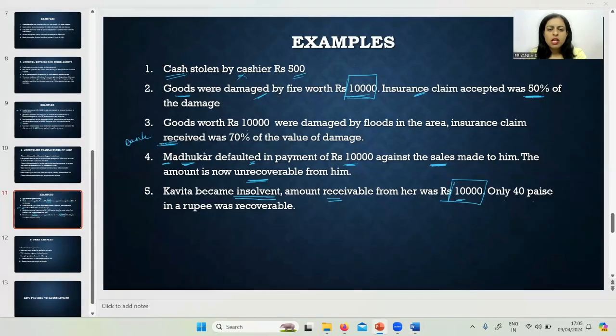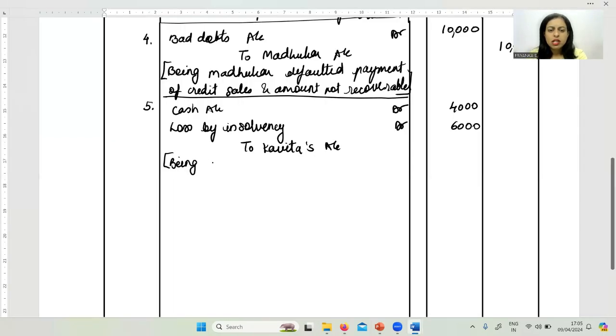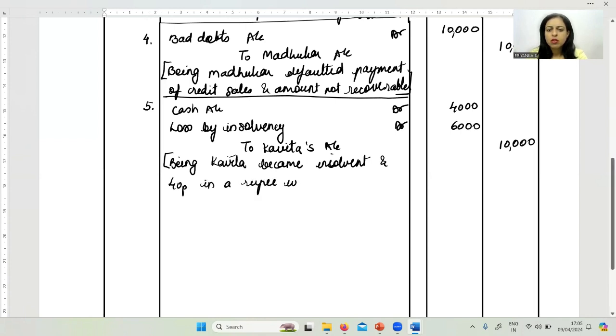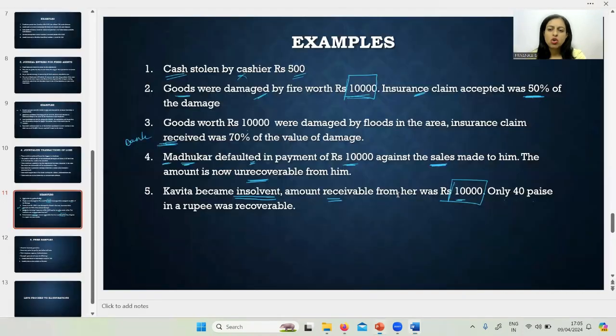Being Kavita became insolvent and 40 paise in a rupee was recovered. Right? So this is how you would put the transaction for insolvency.